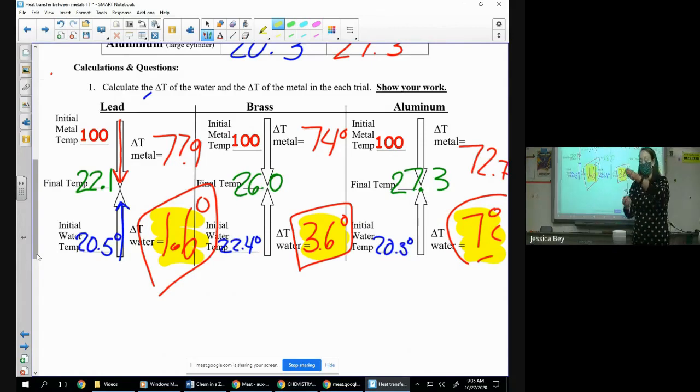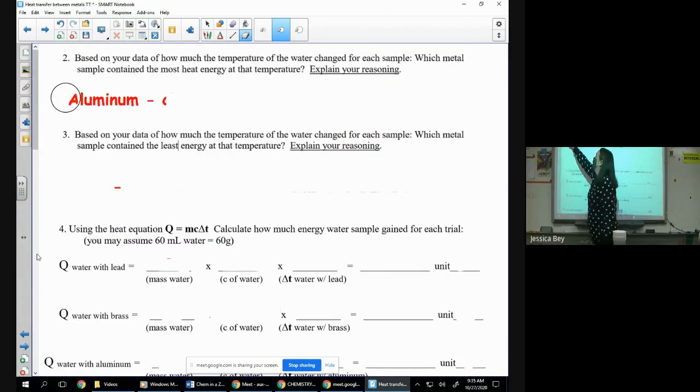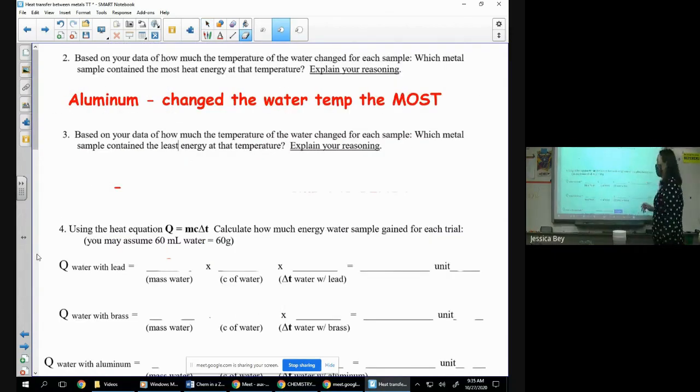So that means my piece of aluminum here, even though they're all at 100, had more energy in it because it made the temperature go up the most. We had 60 mils and everything. They were all 100 degrees, but this got the temperature up higher. Fantastic. The aluminum, because it changed the water temperature the most.